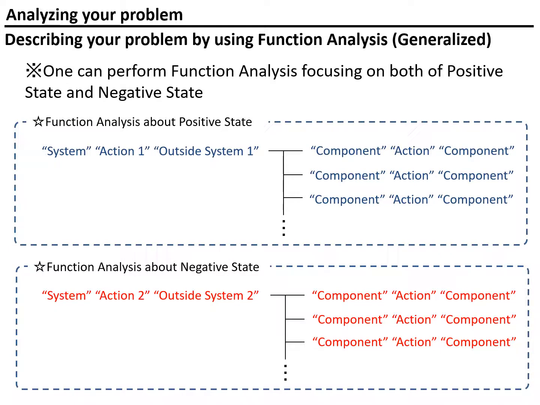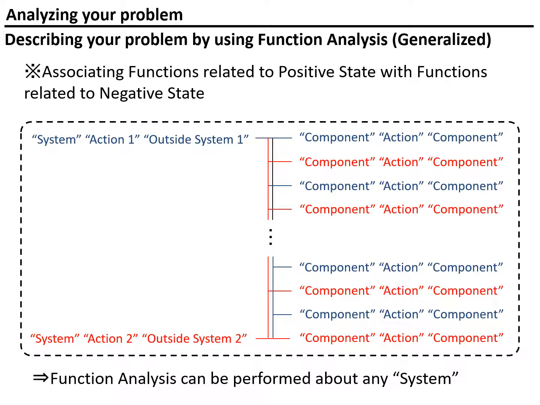The negative state also could be described as a function, subject, verb, object, in this case, system, action 2, outside system 2. This function could be broken down into a combination of functions, component, action, component, so other interactions among components.